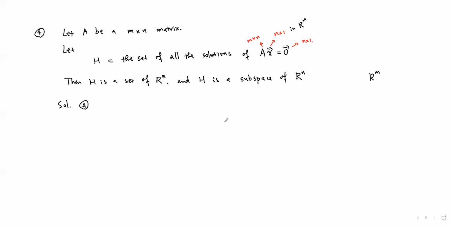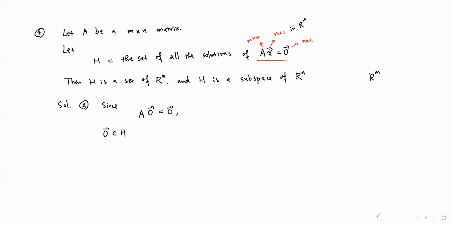The zero vector, is it in the set H or not? Because 0 solves this equation, A times 0 is equal to 0. So 0 is a solution of this equation. So 0 is in H because H is the set of all solutions.